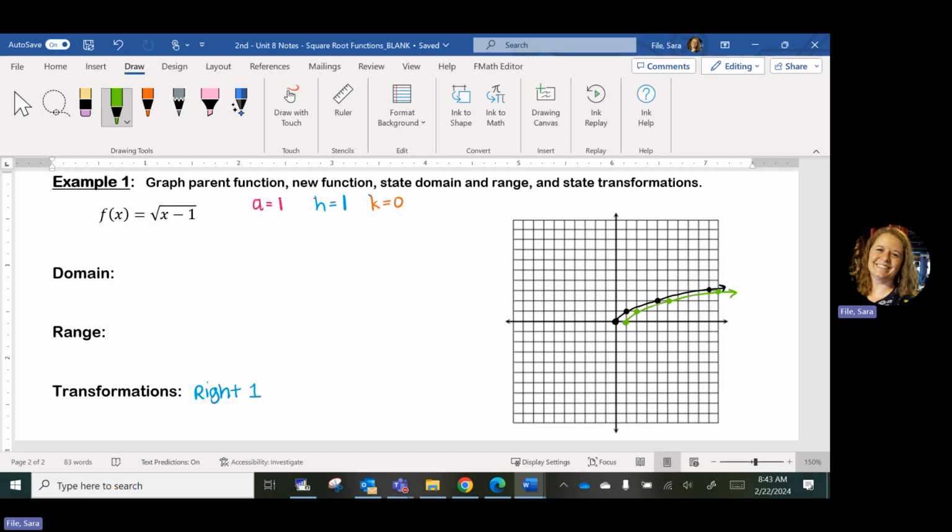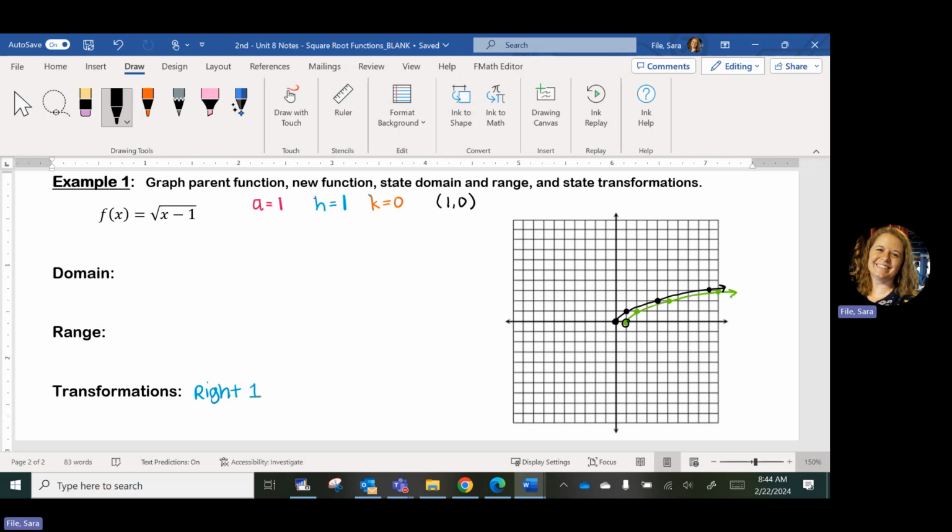Another option, once I identified H and K, I know that my vertex is at (1, 0). That point's at (1, 0), isn't it? That first point I plotted? Right here, y'all agree? I went to (1, 0). And then there was no stretch or compression or reflection.